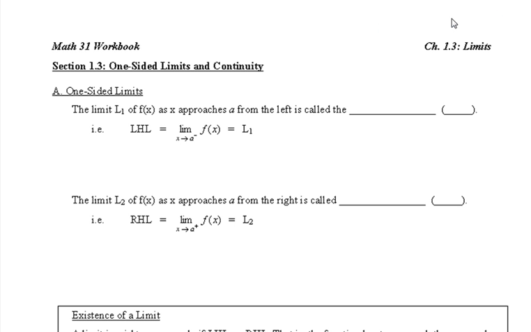One-sided limits. Okay, we're back on track now. If I want to specifically ask you to figure out what it's approaching from the left side or from the right side, there's a special way to label that.